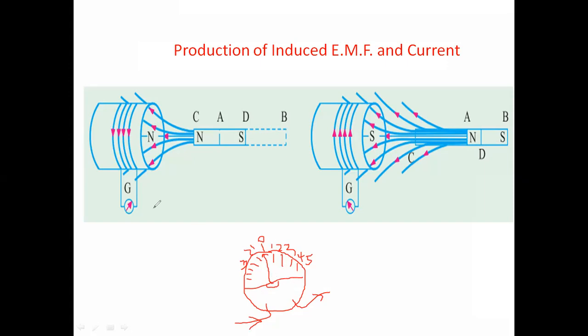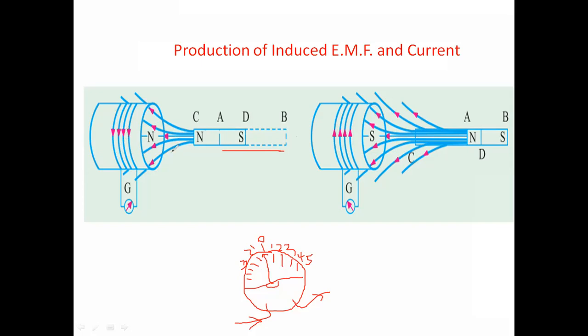Here, this is the insulated wire, and its two ends are connected to the galvanometer. Assume that initially the magnet is at A and B. The magnet has a north pole and a south pole, placed at A and B. In such a situation, no magnetic field is cut by the conductors.